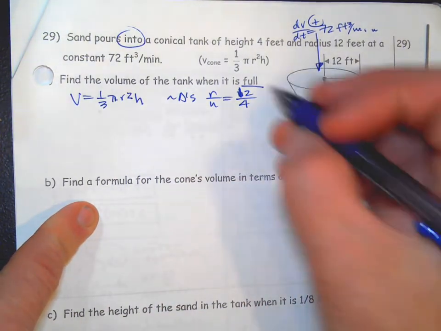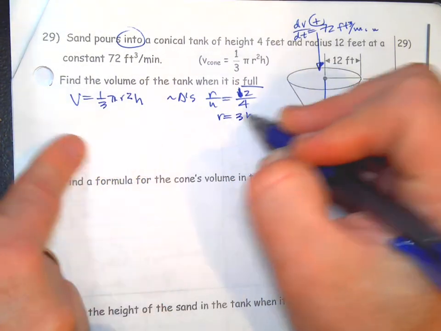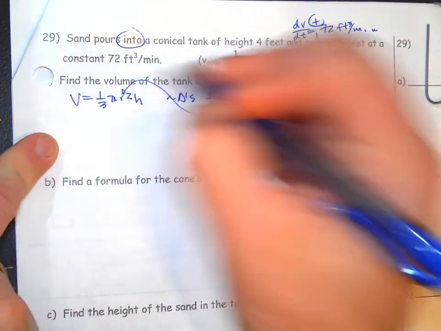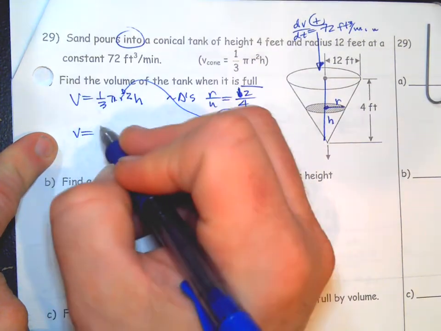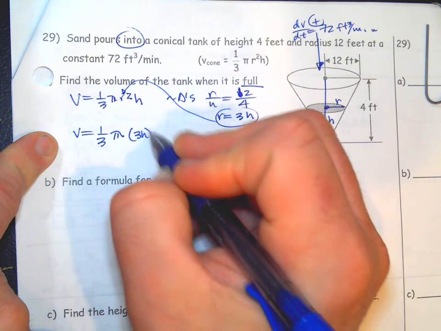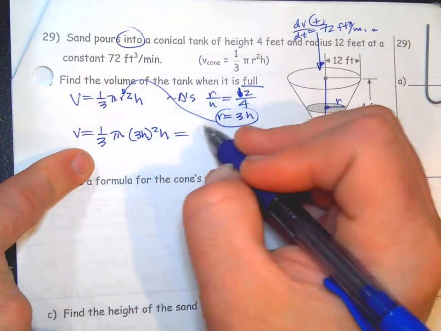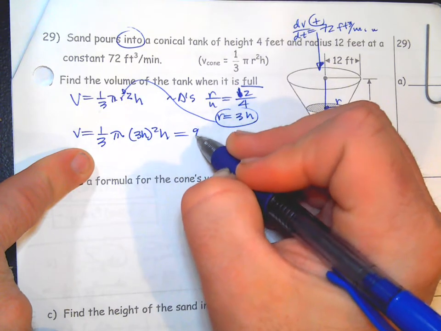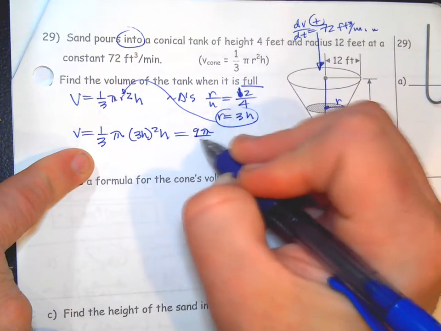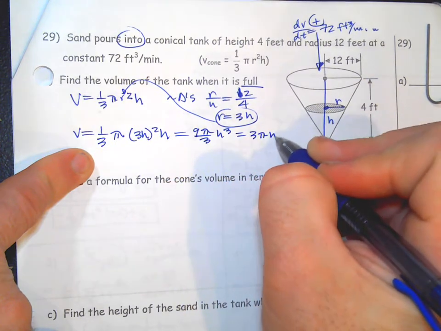So r equals 3h. We can do that now or later, it's up to you. So 3h squared, that'd be 9 pi over 3 h cubed. So it's going to be 3 pi h cubed.